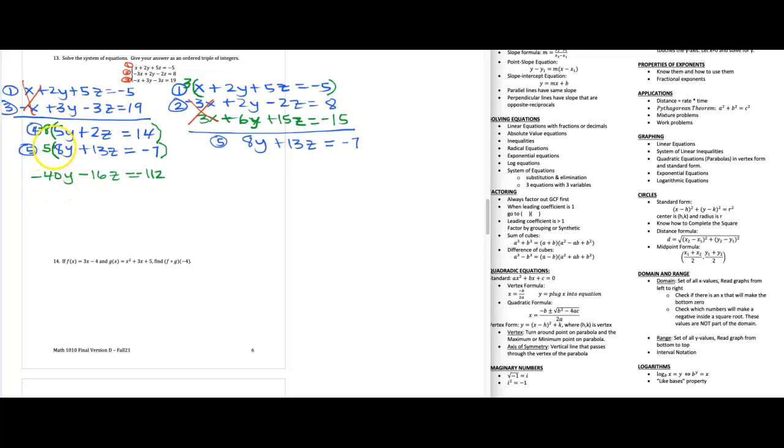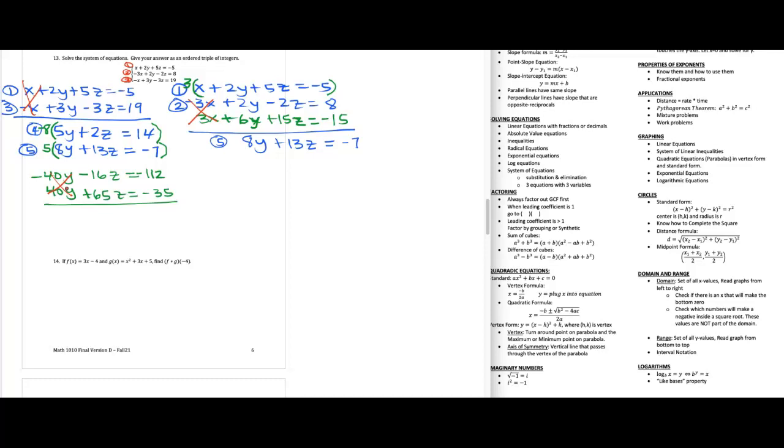It's negative there. Okay, and then on the bottom one, 40y, and then plus 65z equals negative 35. Right, so on this one, my y's are now gone, which is what I was trying to do.